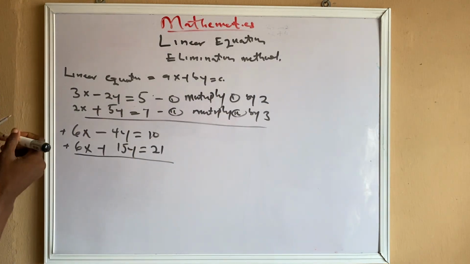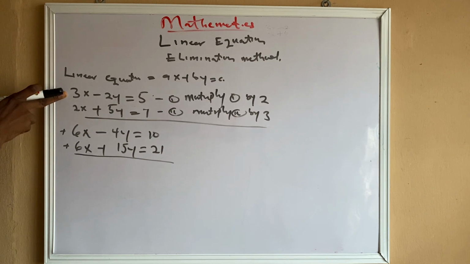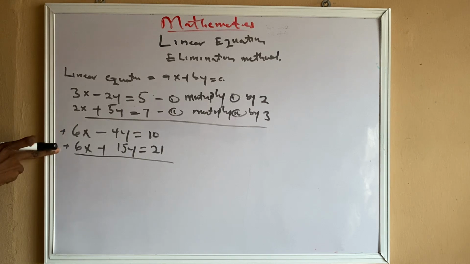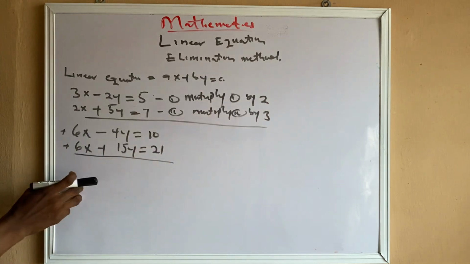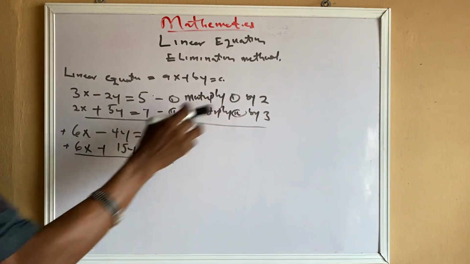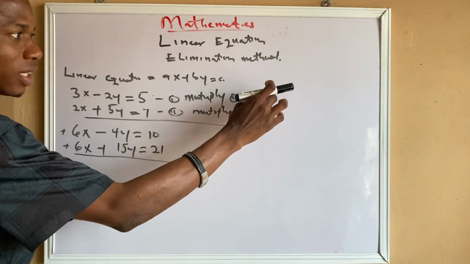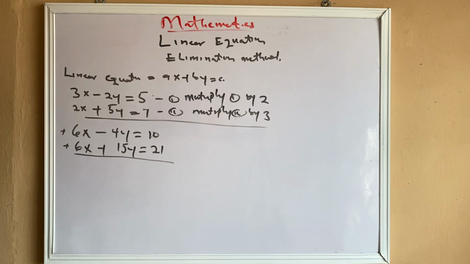Now let's come back to this. Since you are seeing that you have the same value with x here, 6 here and 6 here, one thing must change between them, because they are both positive, and you can't eliminate with a positive sign. This one is positive, the second one is positive. That way you have to multiply either one of them by a negative sign. You are multiplying this by minus 2 or by minus 3; it's either of these.